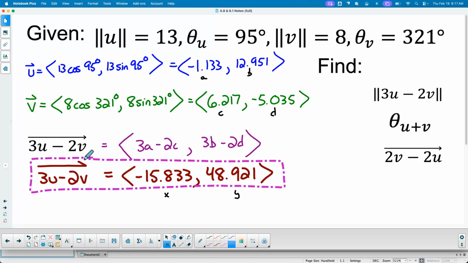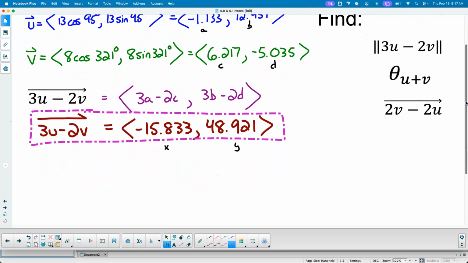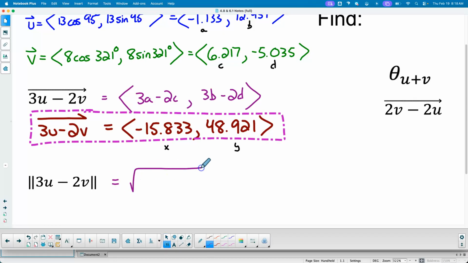The magnitude of that now on my calculator is going to be the square root of x squared plus y squared.